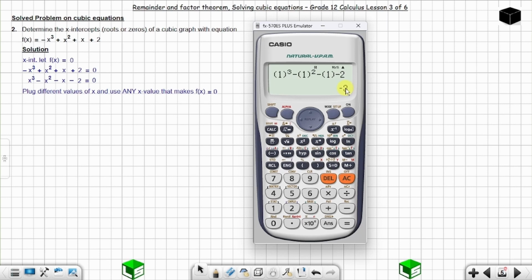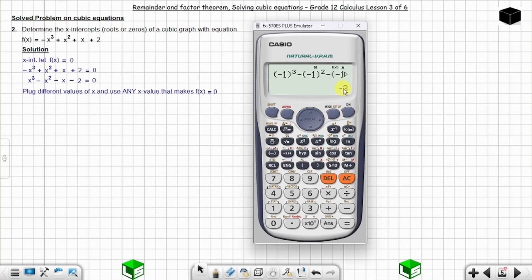Let me try negative 1. I'm going to plug negative 1 wherever I have x, and see if I'm going to get 0. I still don't have 0. I have negative 3.